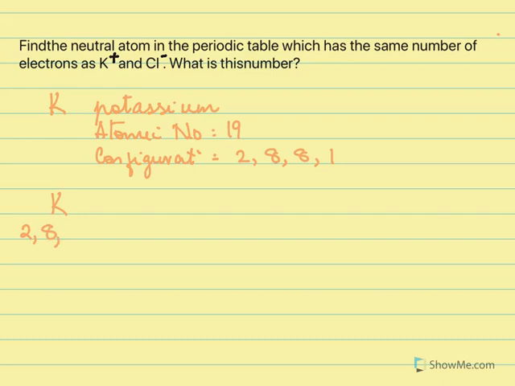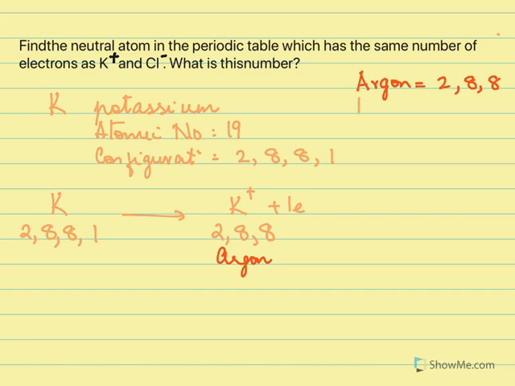So K potassium 2, 8, 8, 1. It will lose an electron, become 2, 8, 8. If you look up in the table, this is the configuration of argon. Argon has configuration 2, 8, 8, and the ion of potassium has 2, 8, 8.